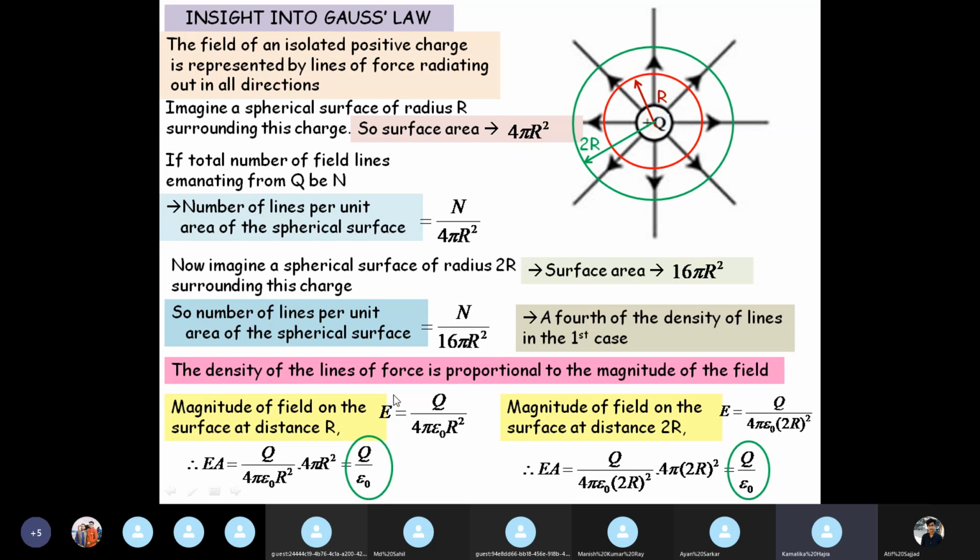The product of field into surface area is Q by epsilon naught for the red sphere, that is the smaller sphere.